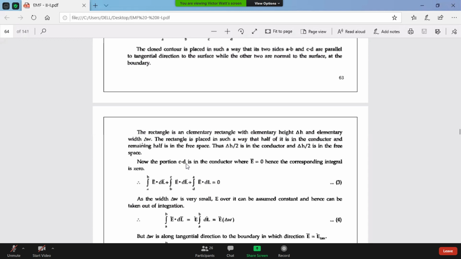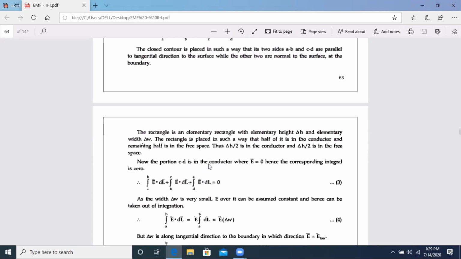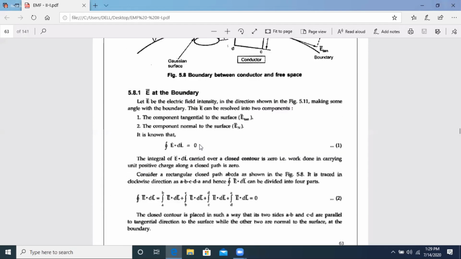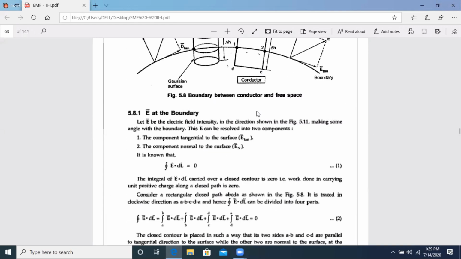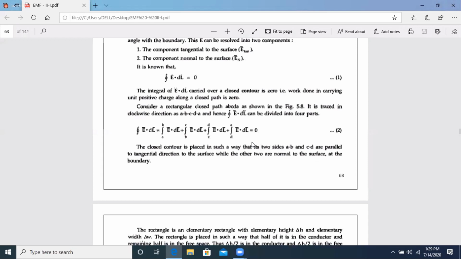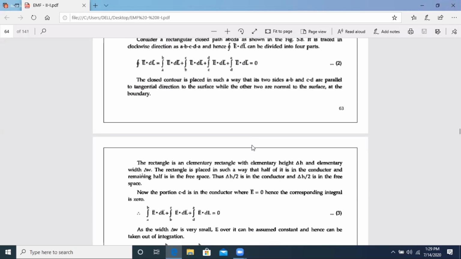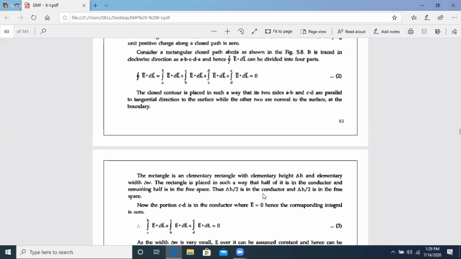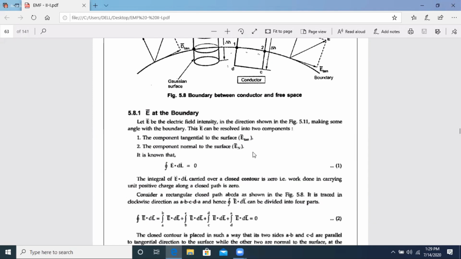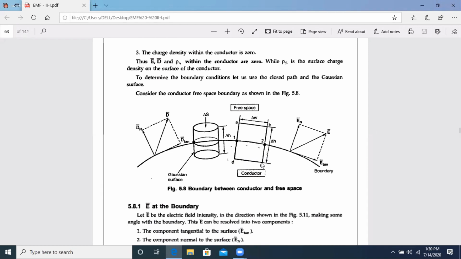Now, the portion C to D is in the conductor, where E is 0, because there is no charge within the conductor. So C to D is 0.